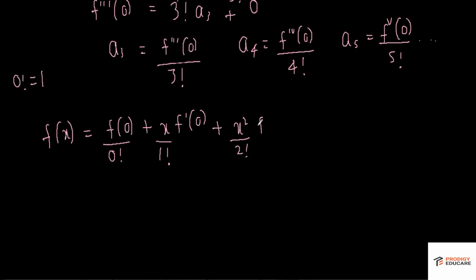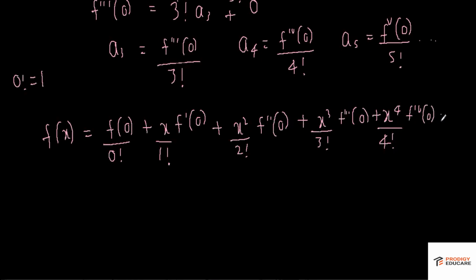Perfect. And then I will write f double dash of 0. Plus then I have x cube by 3 factorial into f triple dash of 0. Plus x raised to 4 by 4 factorial times f fourth dash of 0, and so on.